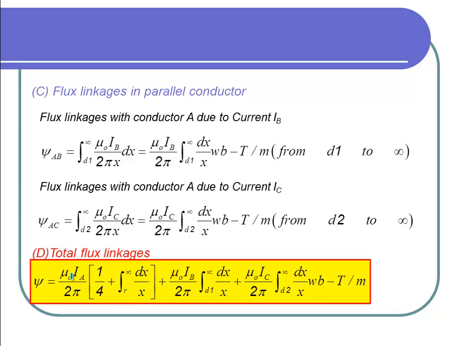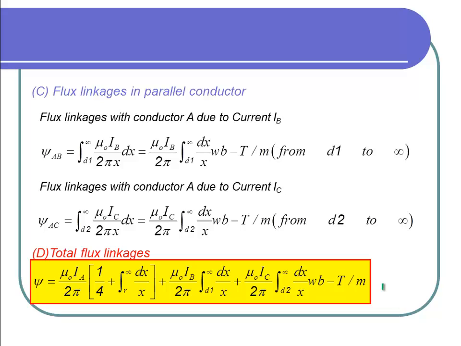This is because of current Ia, both internal and external, plus the magnetic flux linkage because of current IB, and the external magnetic flux linkage of current IC, and so on. If n conductors are there, then you have to write that equation for n currents and calculate the total net flux linkage on conductor A.